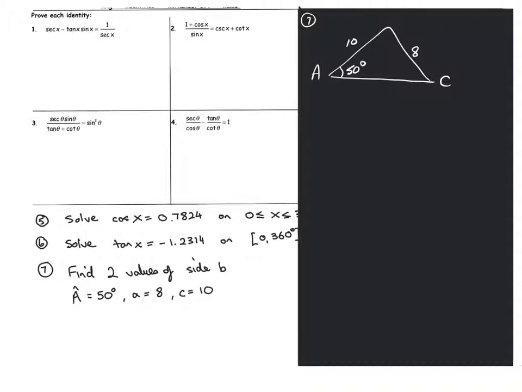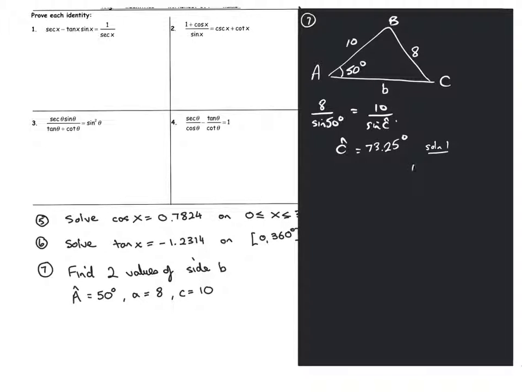So angle C, we've got to try and find two lengths of side B. So we know that 8 over sine 50 equals 10 over sine C, and angle C should equal 73.25 degrees.